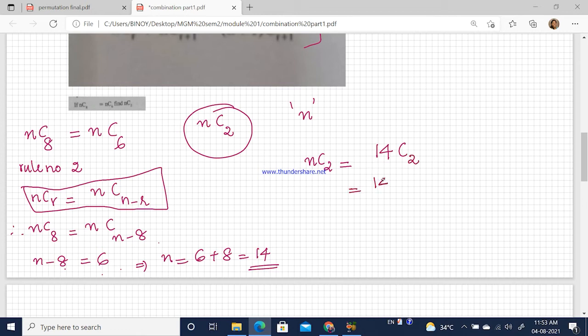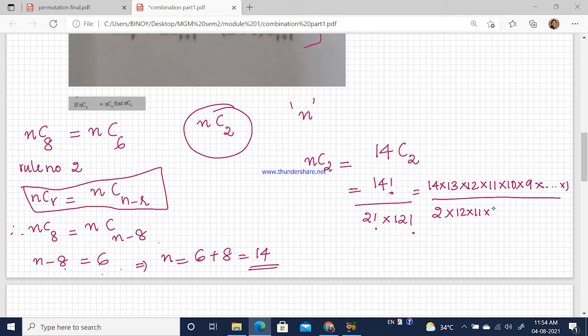14C2 means 14 factorial by 2 factorial into 12 factorial. So that is 14 into 13 into 12 into 11 into 10 into 9 all up to 1, by 2 factorial, which is just 2, and 12 factorial is 12 into 11 into 10 and so on up to 1.